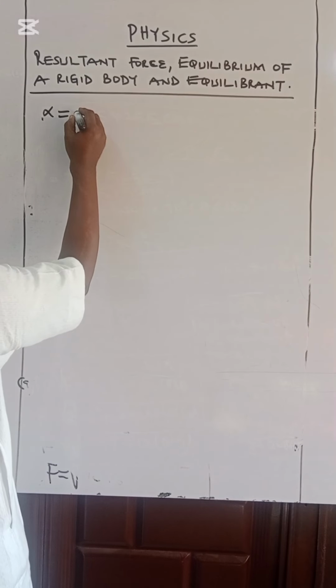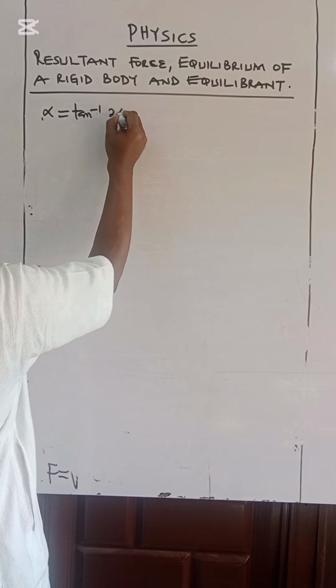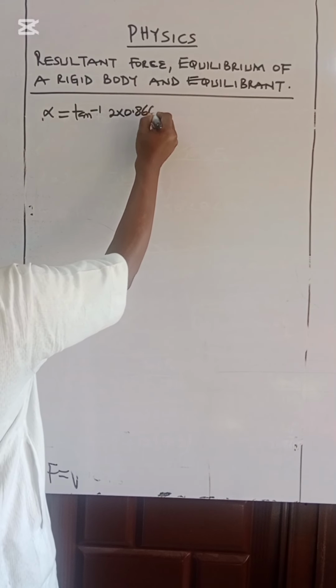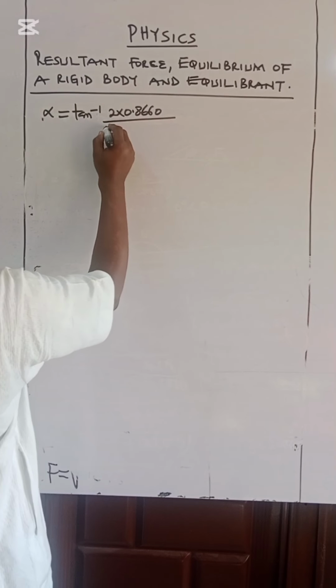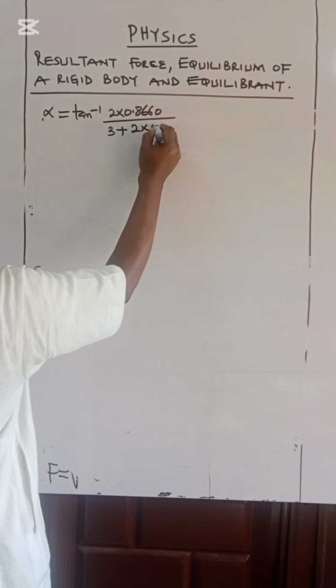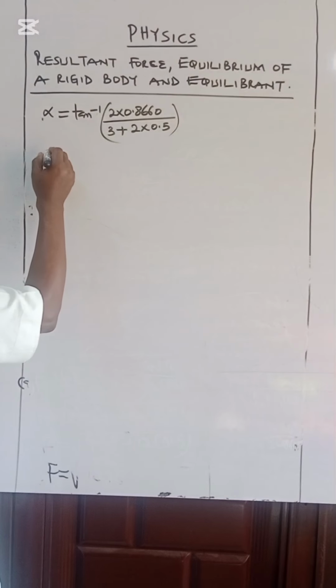That is equal to tan inverse of 2 times sine 60 degrees, 0.8660, divided by F2, that is 3 plus 2 cos 60 degrees. Cos 60 degrees is 0.5.